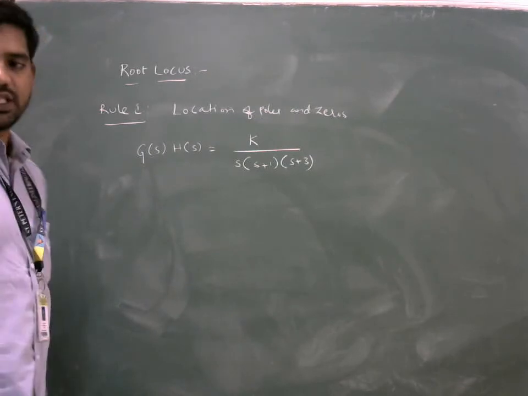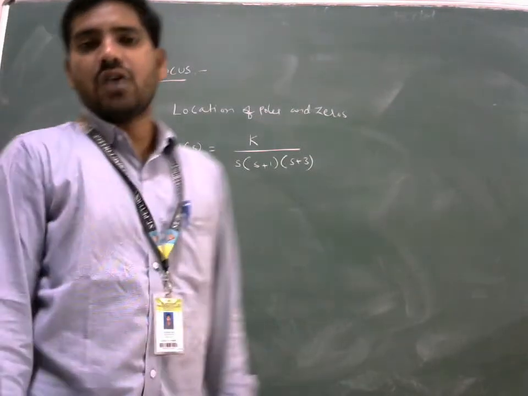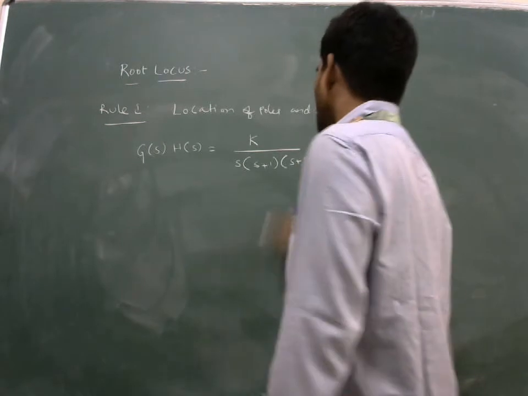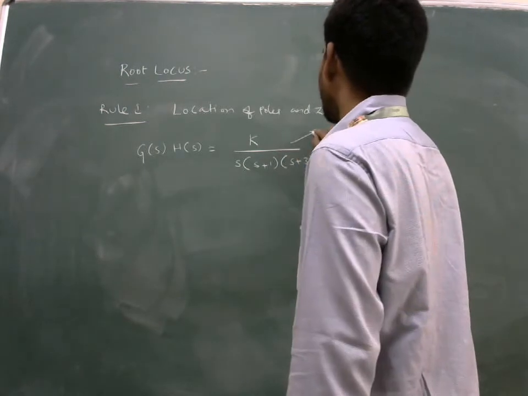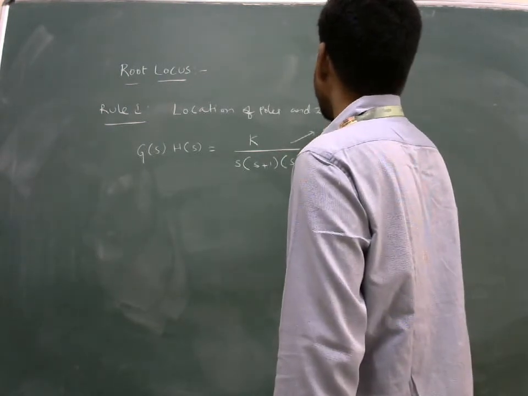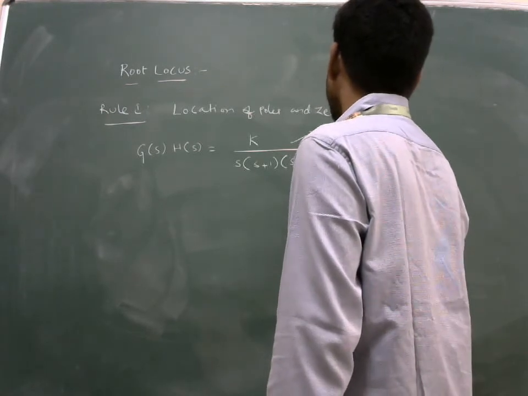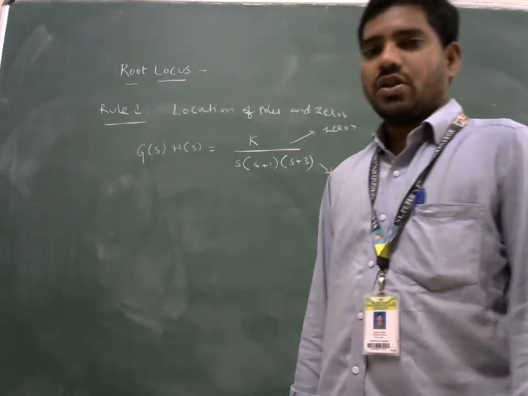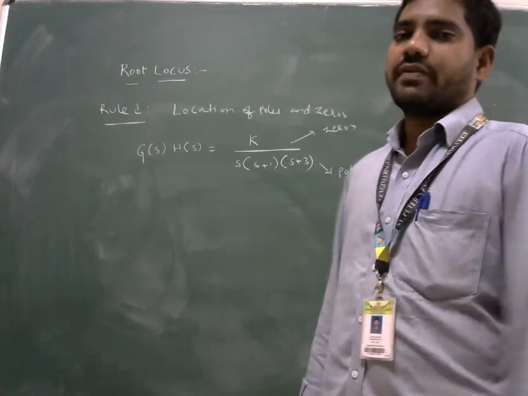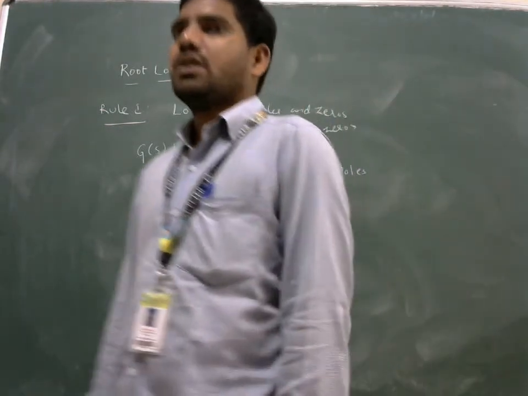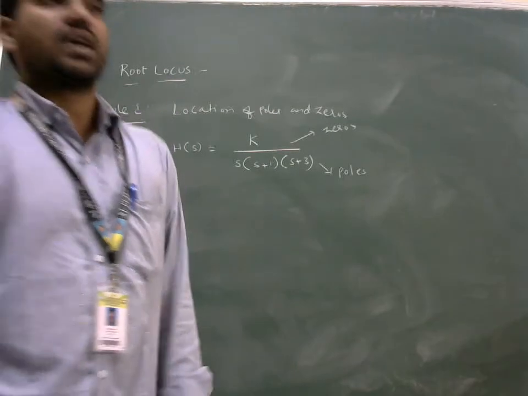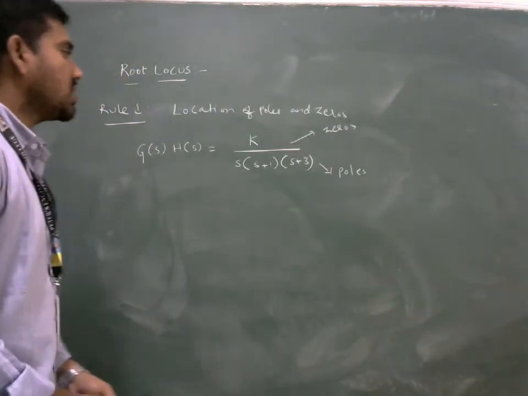From the numerator we get the zeros, and from the denominator we get the poles. The roots of the numerator we call zeros and the roots of the denominator we call poles. How many poles are there?